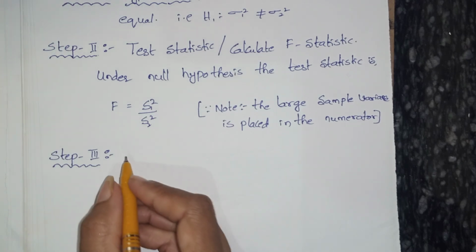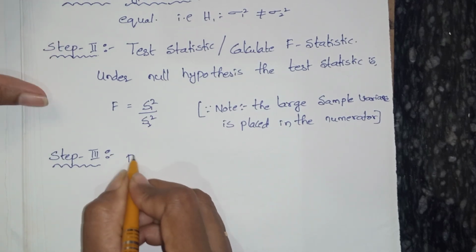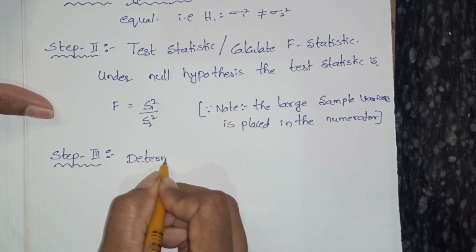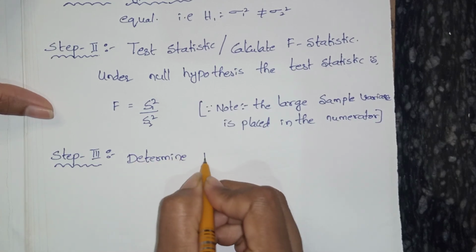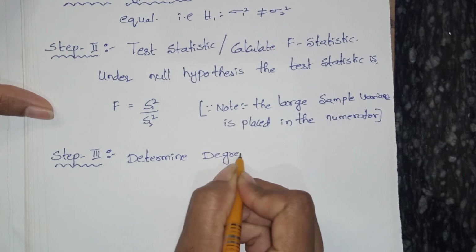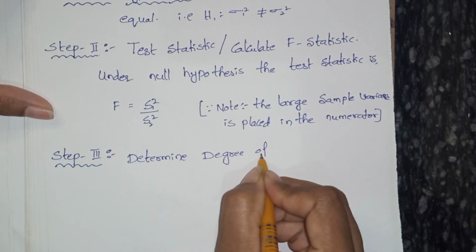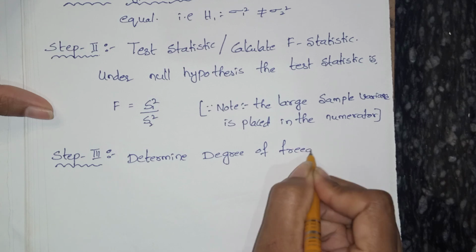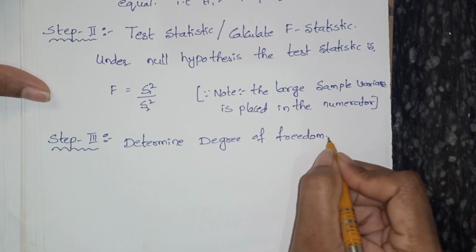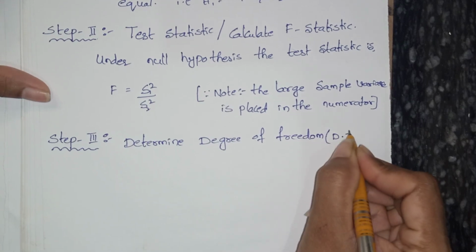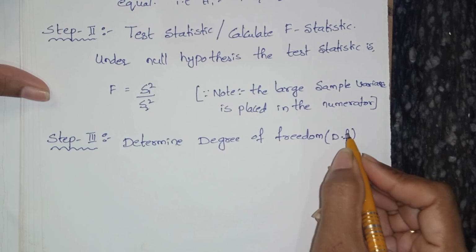So step 3, determine degrees of freedom, denoted with df, small df or capital Df.